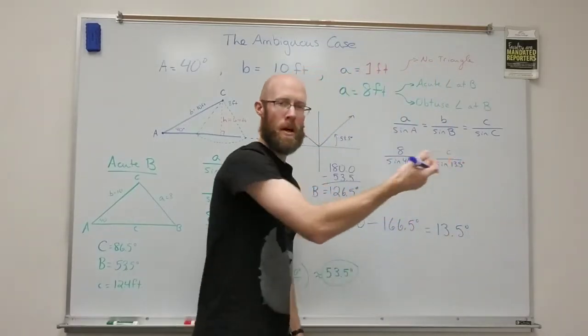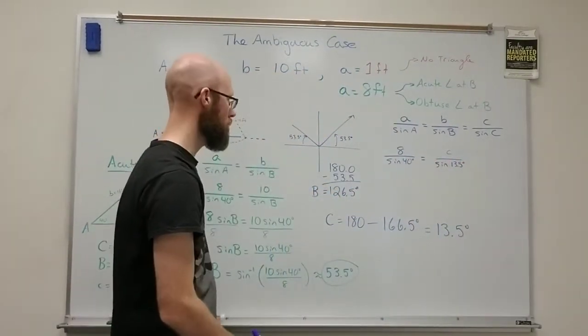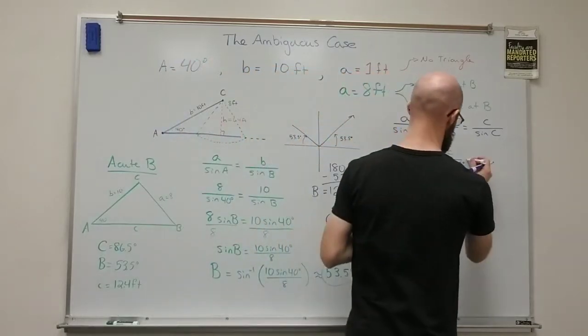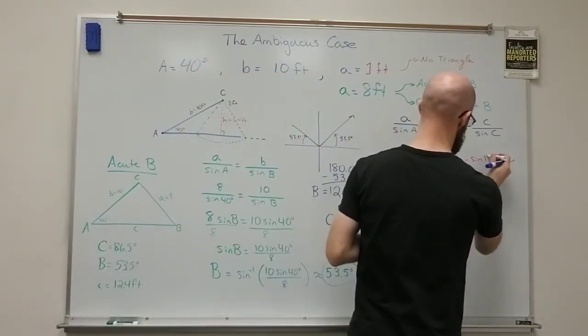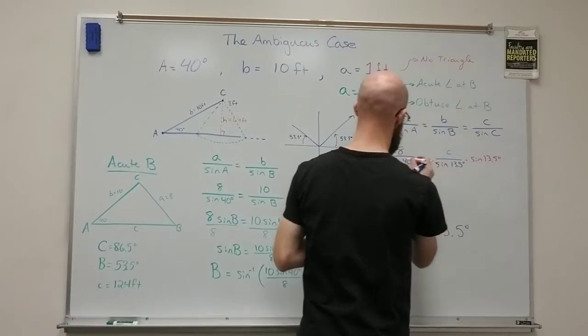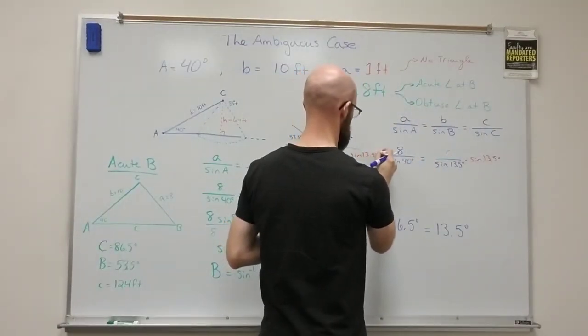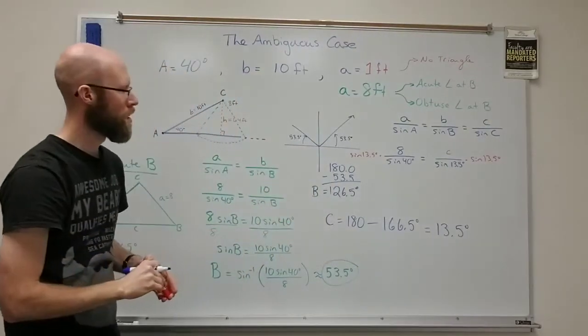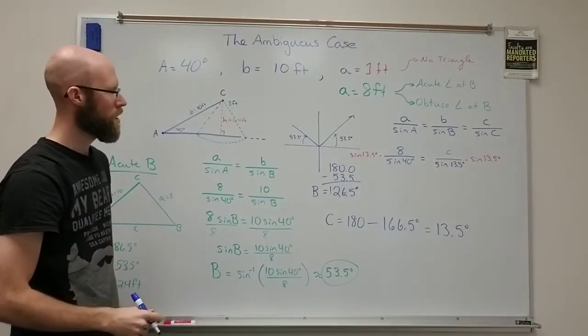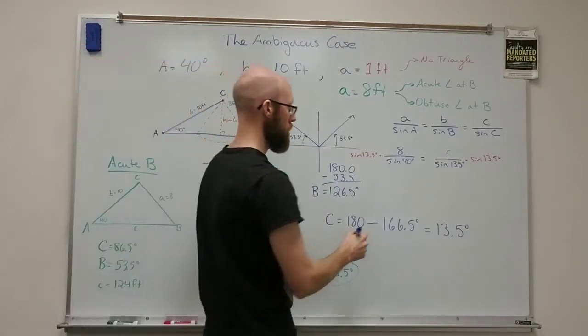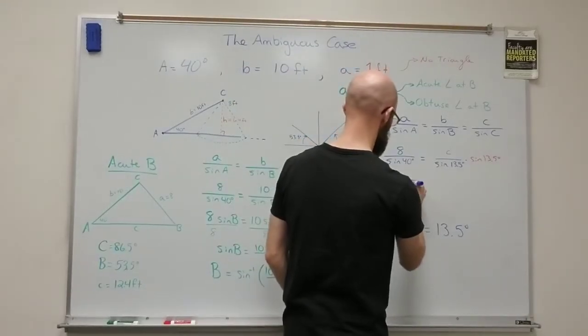So now I'm going to multiply both sides by my 13.5. There we go. And that should get us a value for little c, approximately.